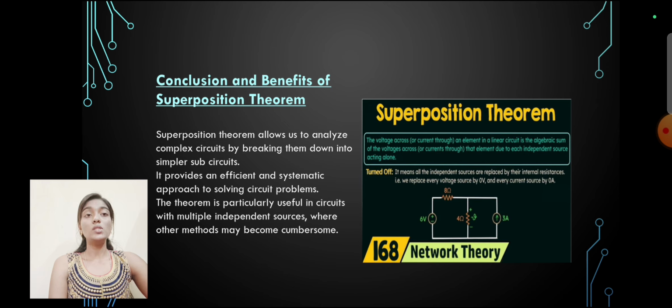Superposition theorem allows us to analyze complex circuits by breaking them down into simpler subcircuits. It provides us an efficient and systematic approach to solving circuit problems. The theorem is particularly useful in circuits with multiple independent sources where other methods may become cumbersome.